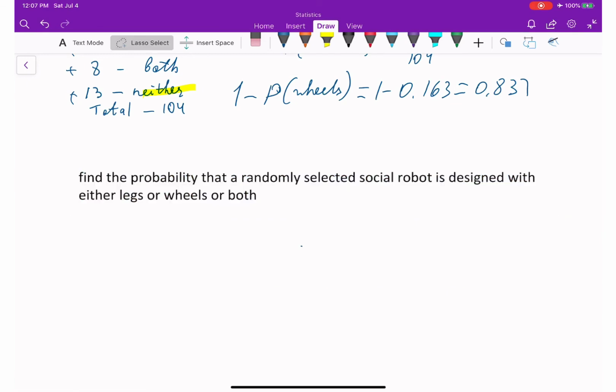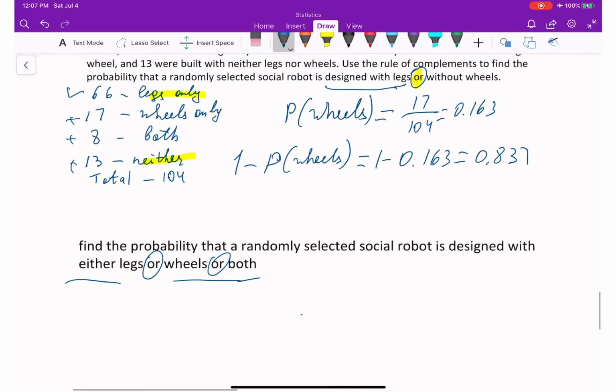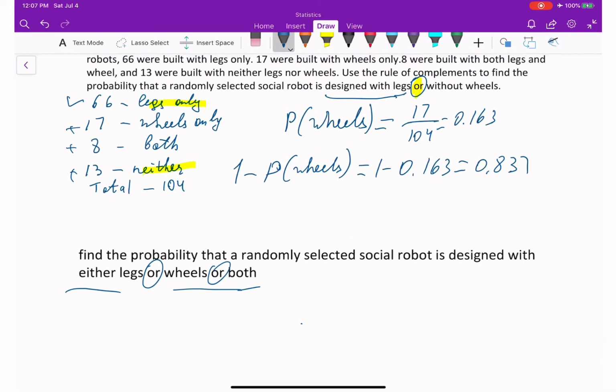Find the probability that a randomly selected social robot is designed with either legs or wheels or both. So what is going to be? Either legs: we know the probability with legs is 66 over 104, which is 0.63.